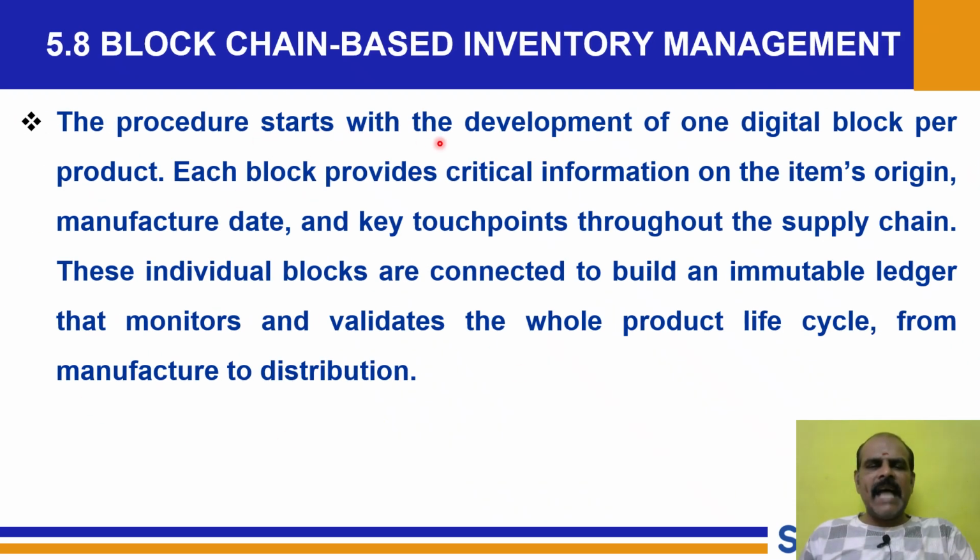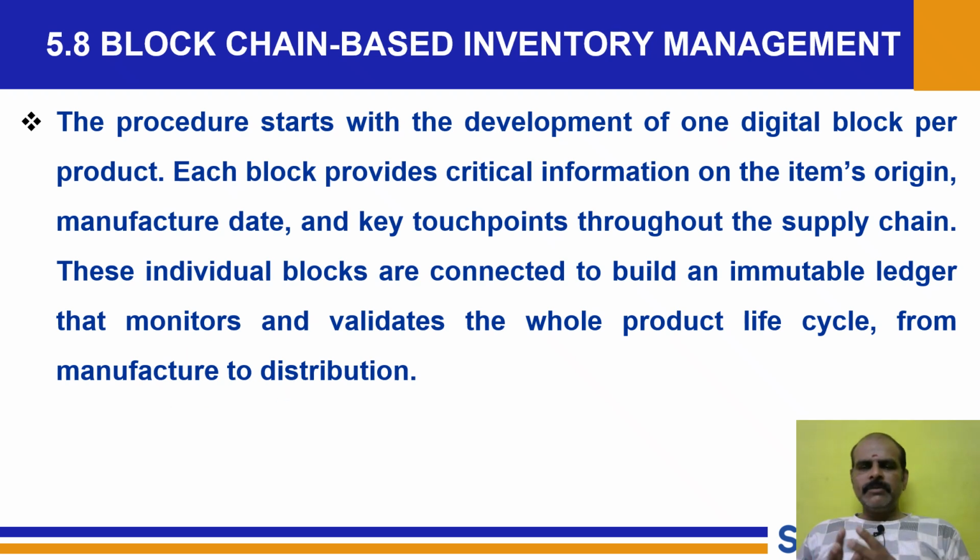The procedure starts with the development of one digital block per product. Each block provides critical information on the item's origin, manufacture date, and key touch points throughout the supply chain. These individual blocks are connected to build an immutable ledger that monitors and validates the whole product life cycle from manufacture to distribution.